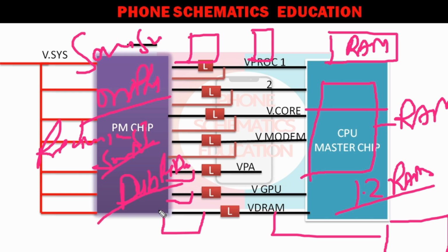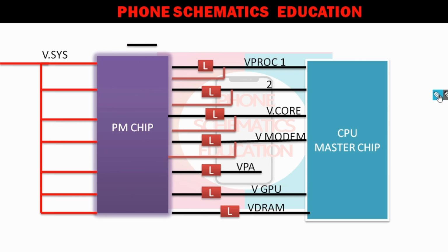There are 2 chips combined together, an upper layer and a lower layer. Upper layer RAM, lower layer your CPU. Clear? So, on this line, you will get 1.2 volts, right?